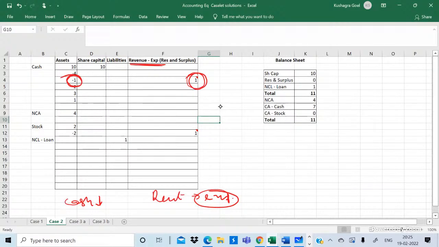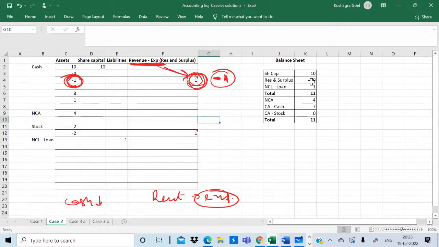In the equation, I'm saying revenues minus expense, which means technically this is minus 1, because it's revenues minus expense. So this is minus 1, this is minus 1, they'll tally.